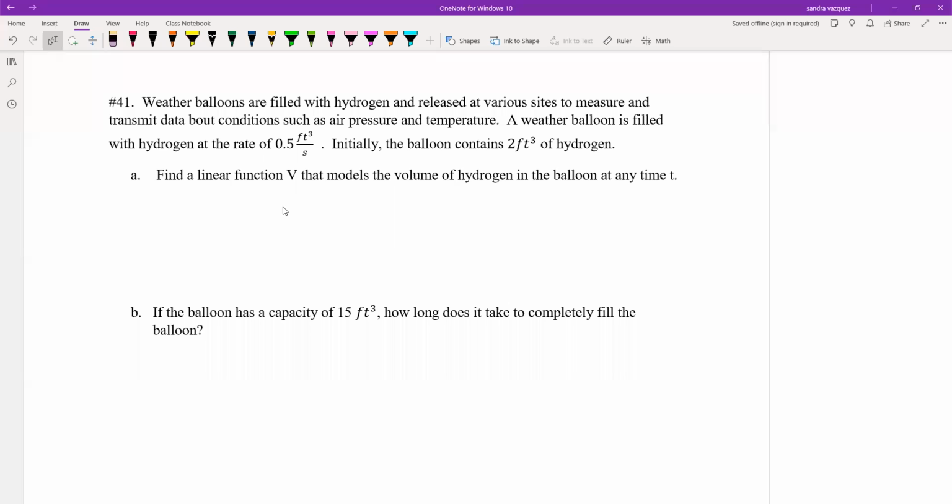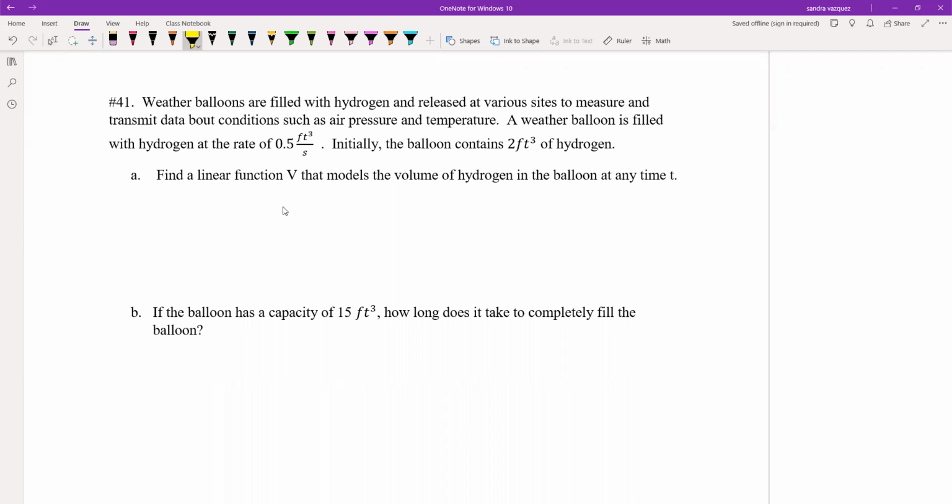Initially, the balloon contains 2 feet cubed of hydrogen. Part A, can you find a linear function V that models the volume of the hydrogen in the balloon at time t? You might have to read it on your own once again. If I am reading it too fast, you can pause the video and read it.